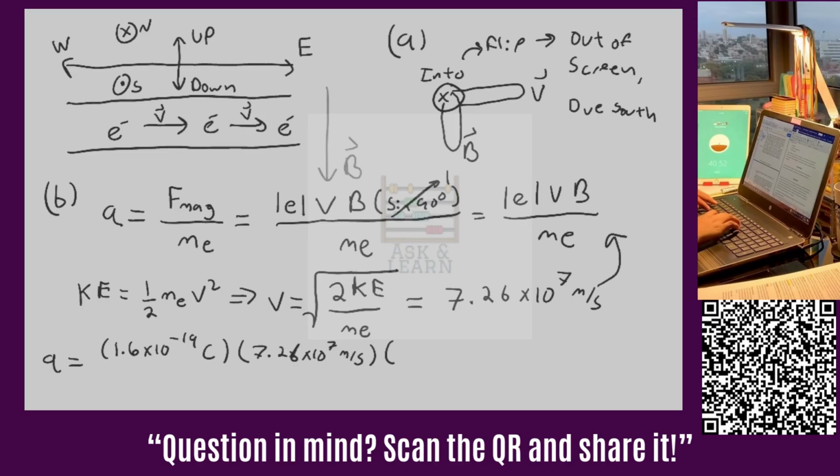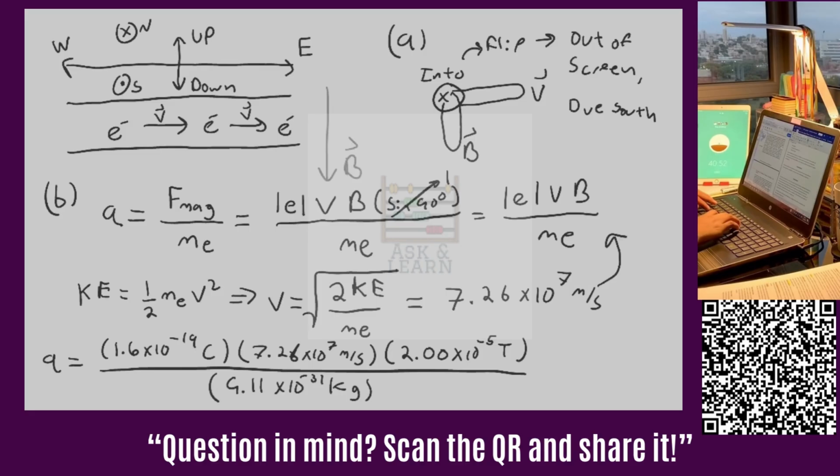Multiply that by the magnitude of the magnetic field, about 2 times 10 to the negative 5 teslas. And then, of course, we divide all of this by the mass of an electron, which is 9.11 times 10 to the negative 31 kilograms. Put that in our calculators, and in the end, we get our answer of a relatively large acceleration for these electrons of 2.55 times 10 to the 14 meters per second squared.